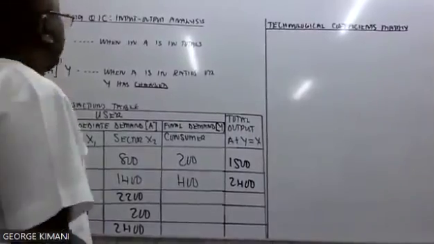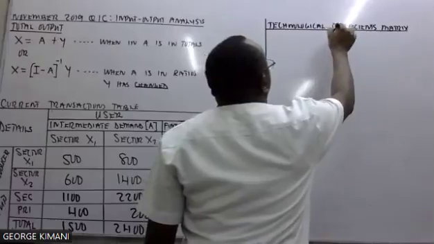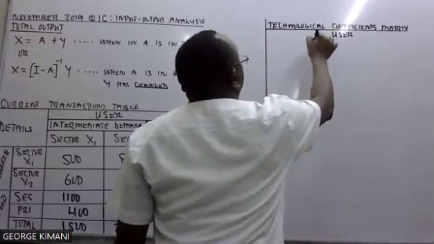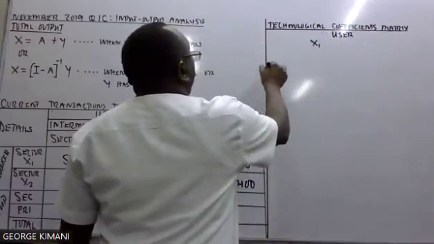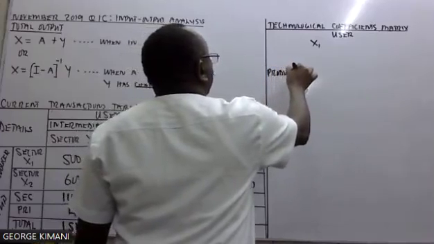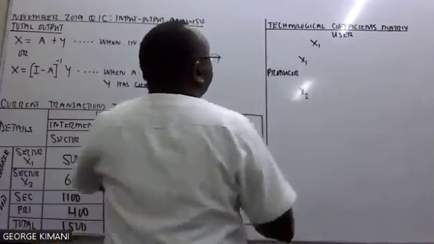Now, in this technological coefficients matrix, we have the user here, where we have X1, and we have the producer here, X1 and X2.